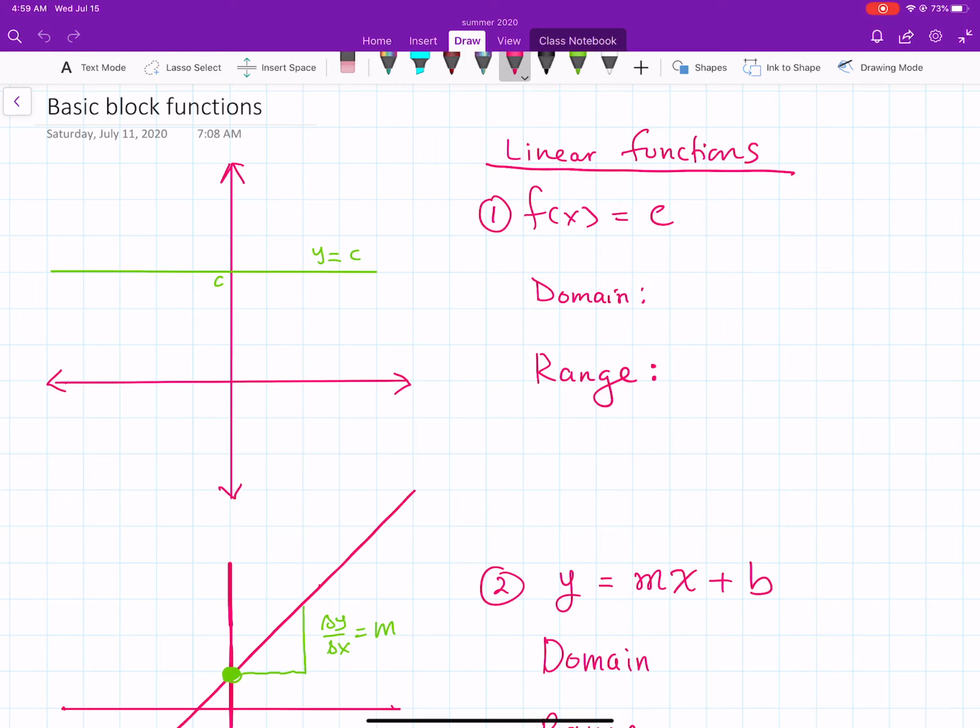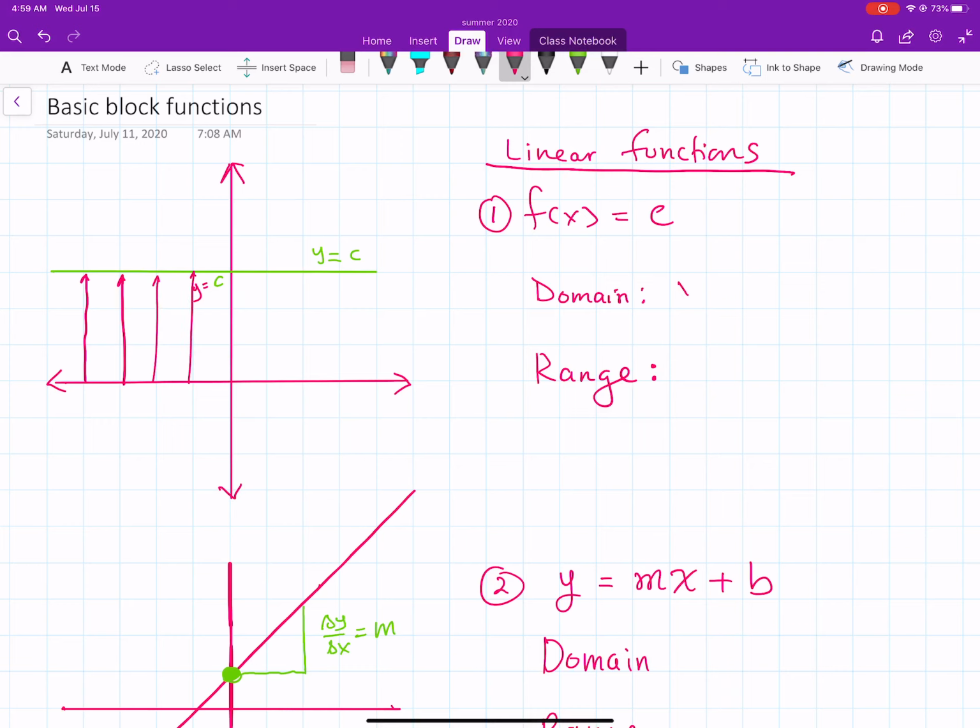All right, these are our lines that you learn, slopes and parallel lines and perpendicular lines and all that fun stuff. But I have this graph over here, which is a horizontal line passing through the y value, y equal to c. All right, so that's the equation, y equal to c. And you can see that for every x, it's got a corresponding y value.